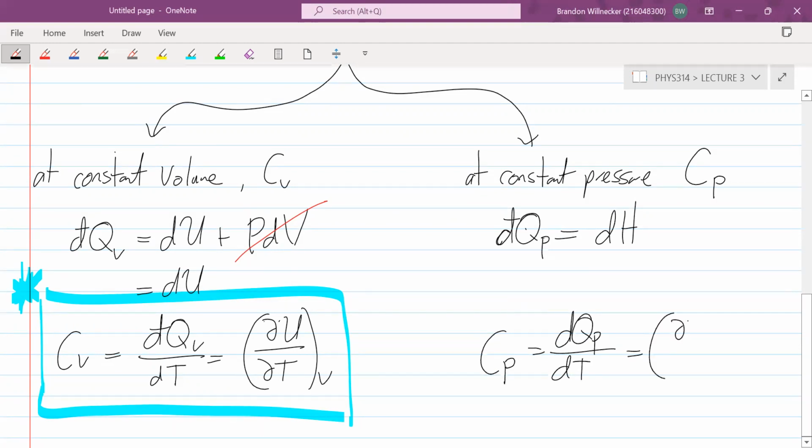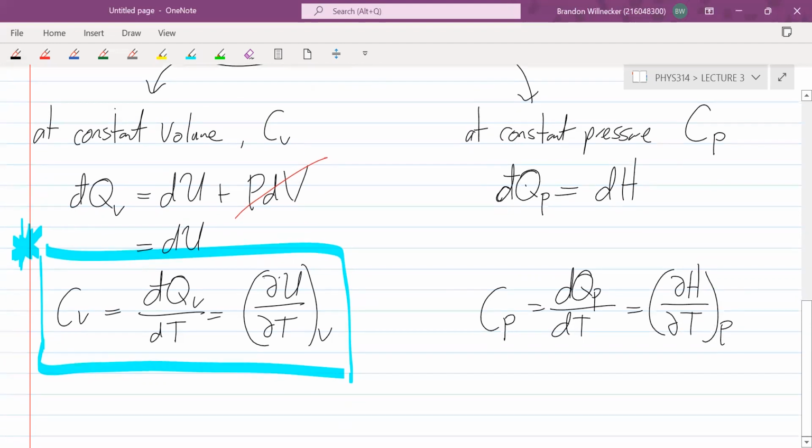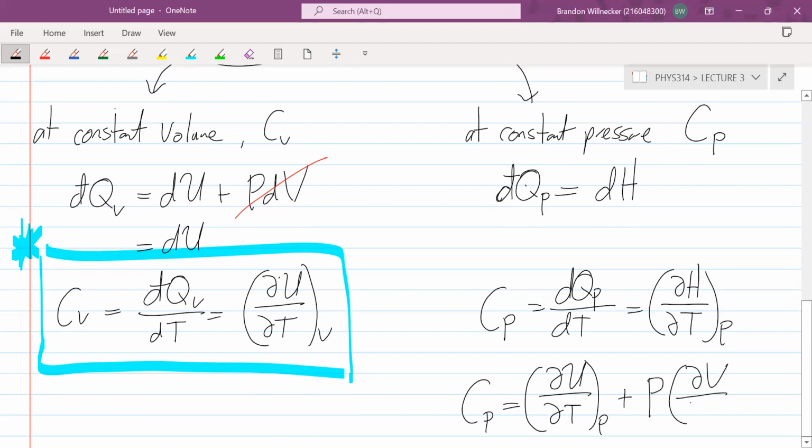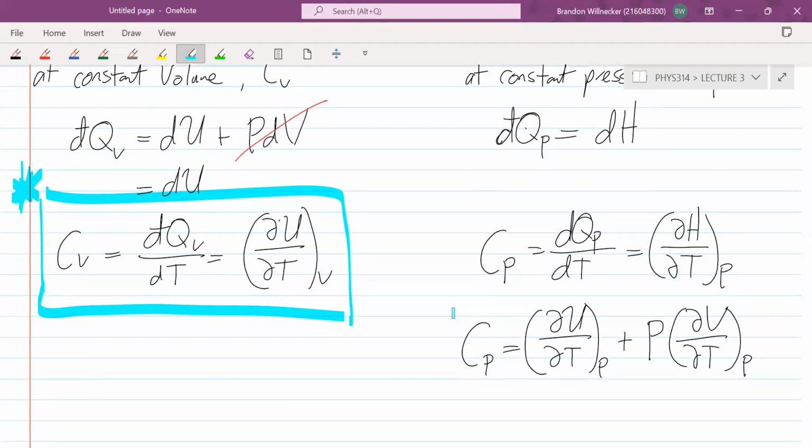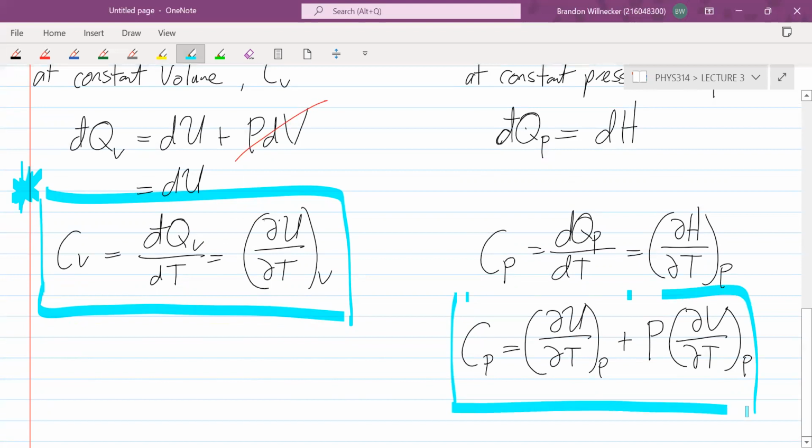So this is going to be dH by dT at constant P. And you can work this out. This is going to be C_P is equal to dU by dT at constant pressure plus P times dV by dT at constant pressure. And we will be using this quite a bit as well. Another star for that.